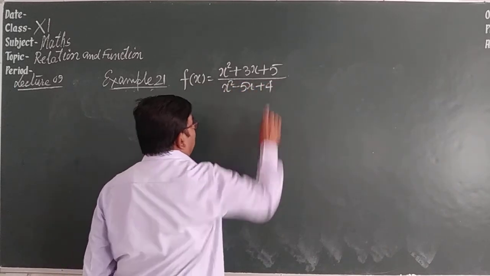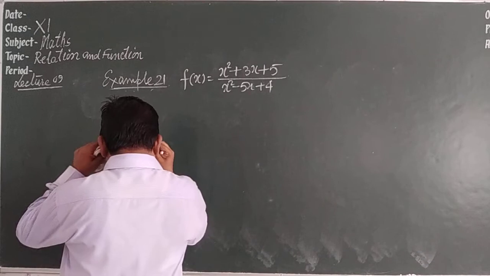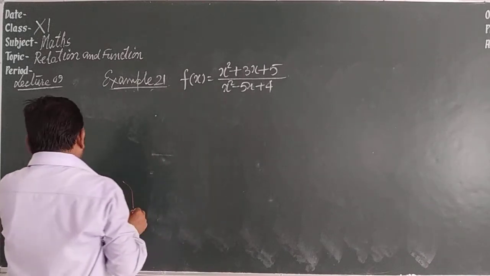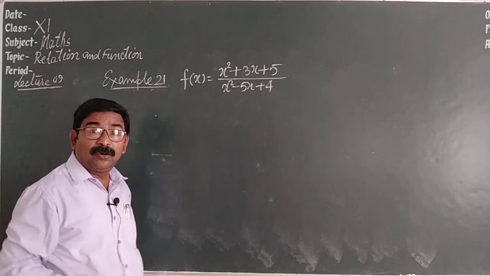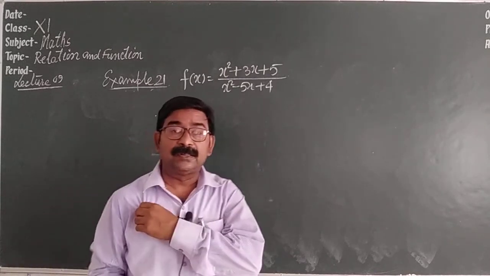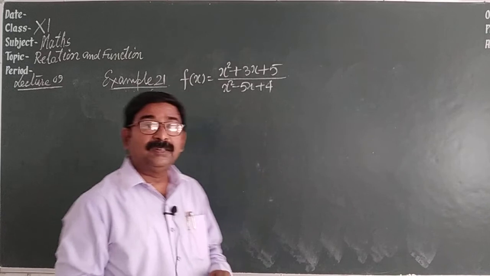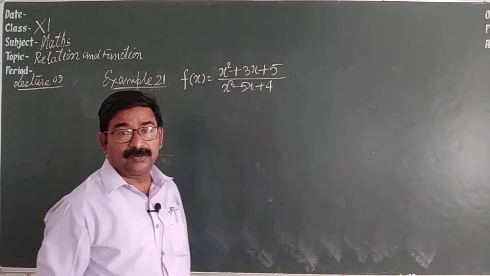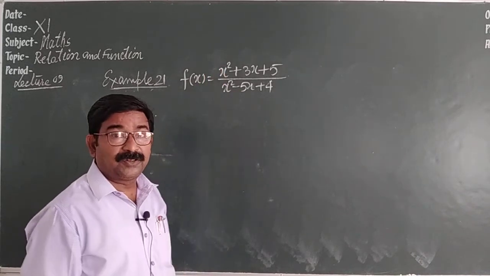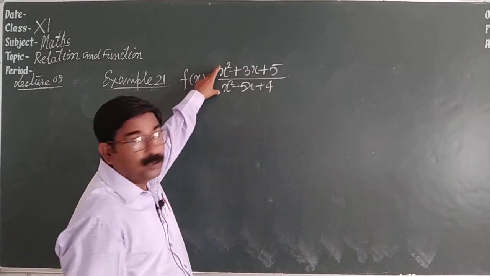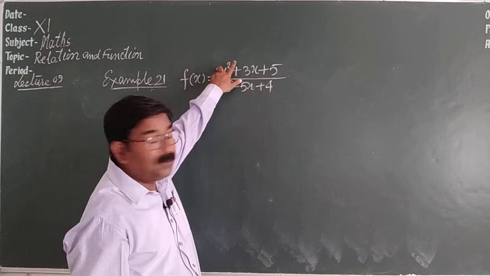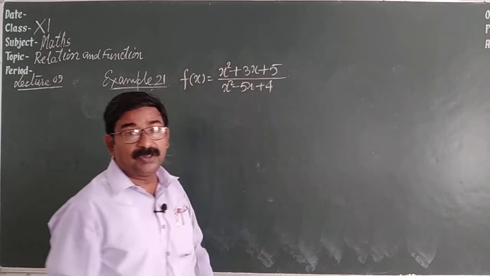First identify what kind of function this is. This is a rational function. In a rational function p(x) upon q(x), p(x) is a polynomial function and q(x) is a polynomial function.